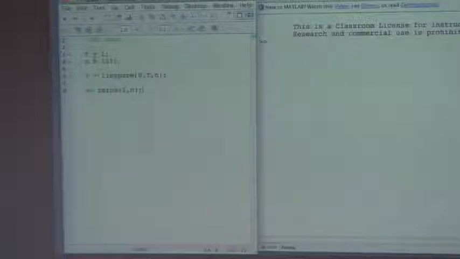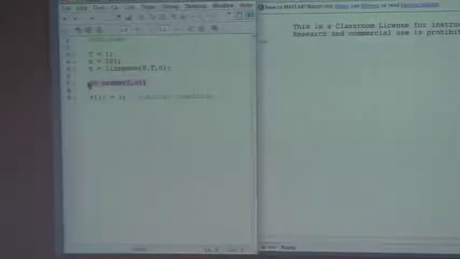Corresponding values of x will correspond to corresponding values of t. I'll put in my initial condition, and my initial condition is that x sub 1, the first value of x, is going to equal 1. So this is what I called my initial condition for the differential equation. I haven't yet said what the differential equation is, but these are little things that are setting up to solve the differential equation.